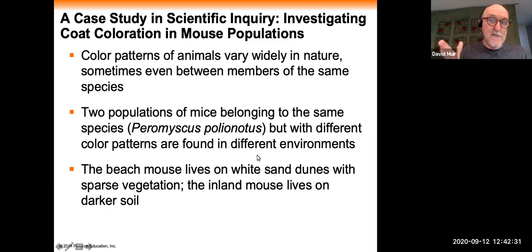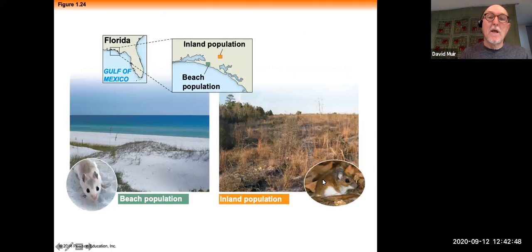And even though it's the same species, it extends all the way from the coast, all the way inland. And when you look at the beach populations, they are very light colored. When you look at the inland populations, they are dark. So here they are here. You might even be forgiven for thinking that they are different species, but they are not. They're exactly the same species.